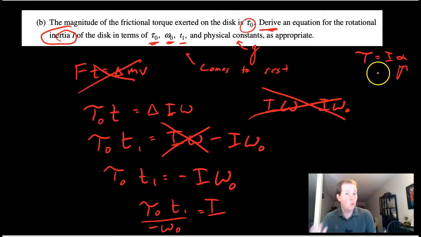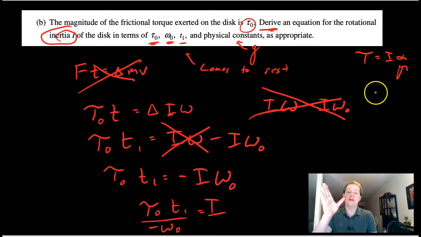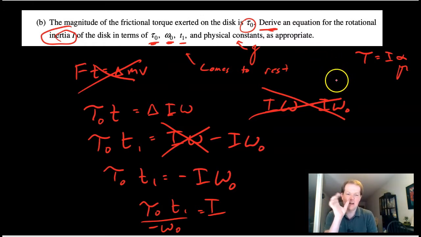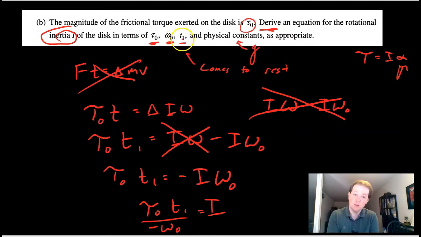Maybe you could use the work energy theorem, that's tau times delta theta equals the change in kinetic energy. That might be a little rougher, and you'd have to find that distance. They don't really want distance in that equation. So maybe it's possible, but that might take a little bit longer. Try and use these terms that they have here. Okay, back to it.